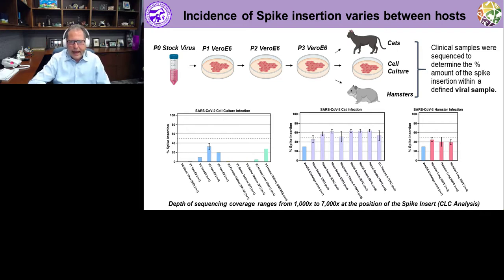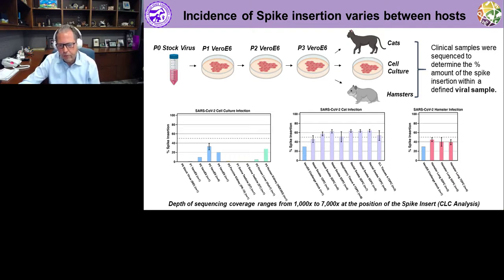If we look in cats, and this is the inoculum, and we look at day 1 and then at day 3, 5, etc., and different tissues, we find that the percentage of this mutant increases and becomes the consensus sequence after day 3 post-inoculation in cats.